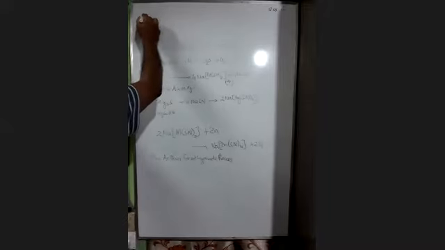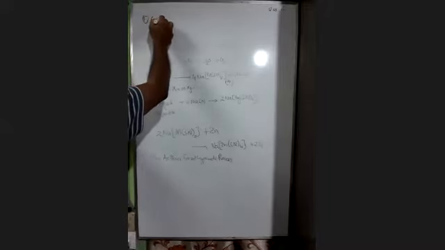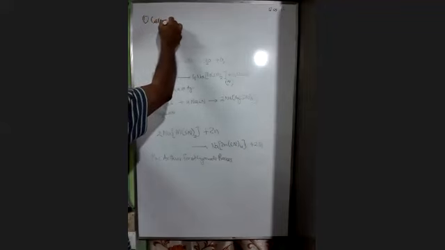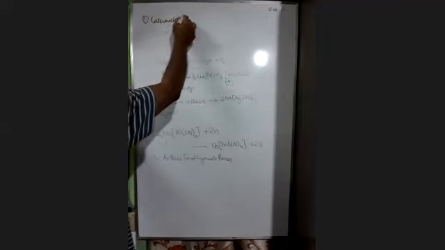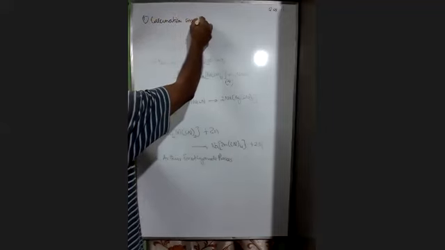There are two processes. One is called calcination, and the second one is roasting.